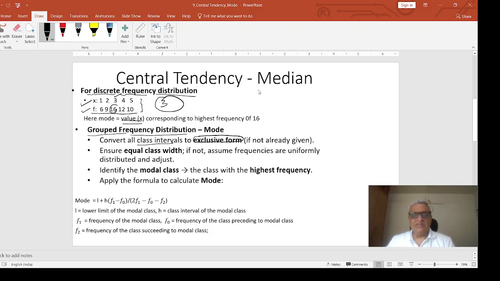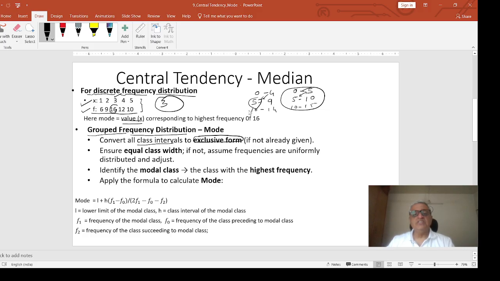Just to recap, inclusive classes are like 0 to 4, 5 to 9, 10 to 14, and so on. So there is a gap between the upper limit of the previous class and the lower limit of the current class, whereas an exclusive class is like 0 to 5, 5 to 10, 10 to 15. So there is no gap, right?